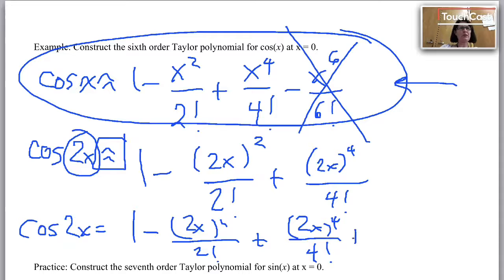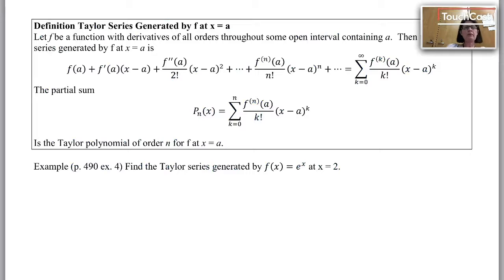But if you then wrote plus dot dot dot to indicate that this Taylor polynomial went on forever, which would make it an infinite Taylor series, that is a true statement. The only thing that makes it an approximation instead of an exact value is that we're chopping it off after some number of terms, just for our convenience.